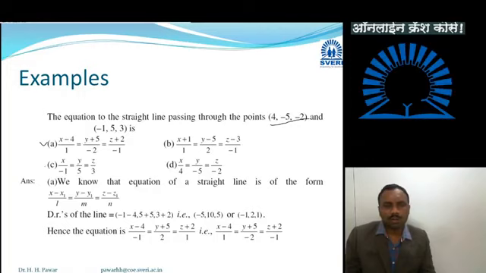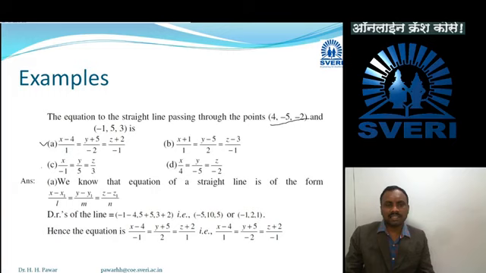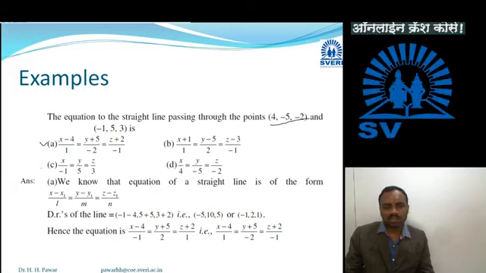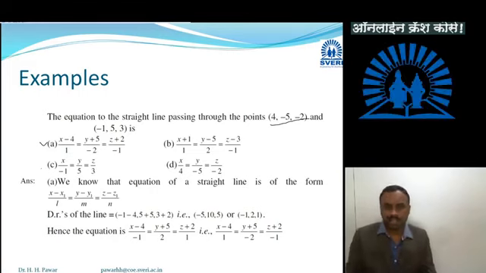So in this case option A satisfies the points. Hence option A is the correct choice for this question. This is a short trick for finding equation of straight line if points are given.